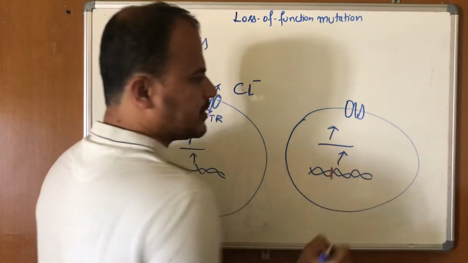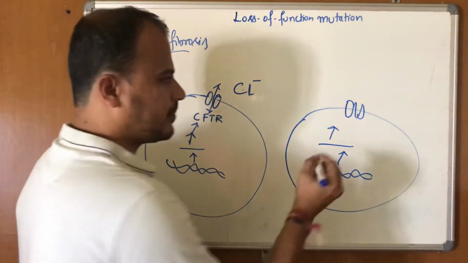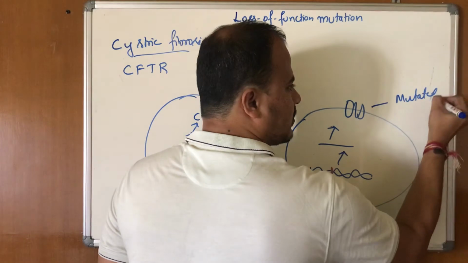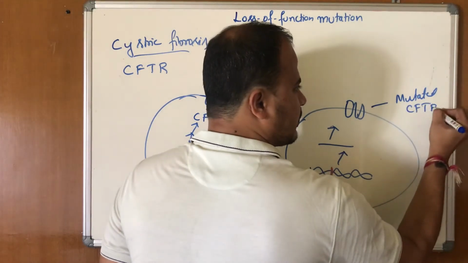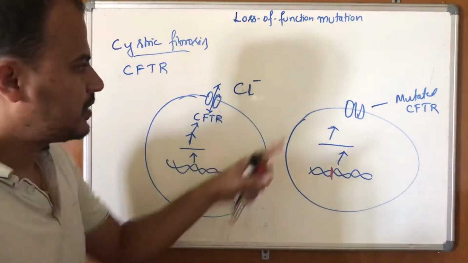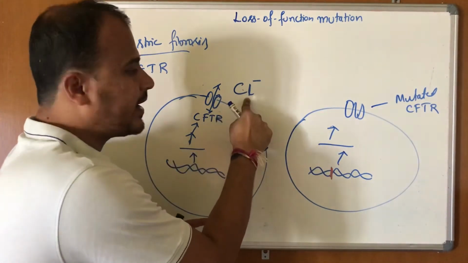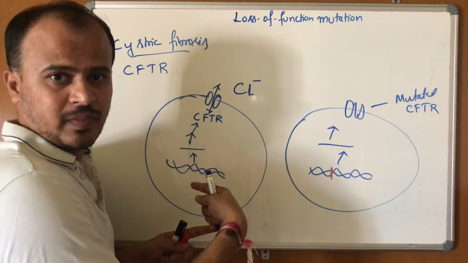Let me call this the misfolded protein, CFTR protein, mutated. This protein cannot transport chloride ions across the membrane.